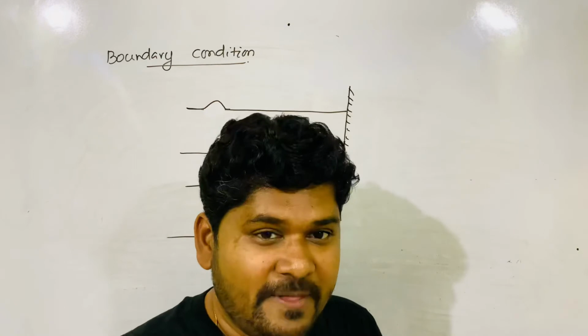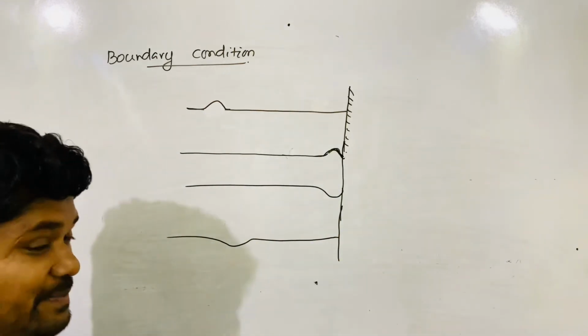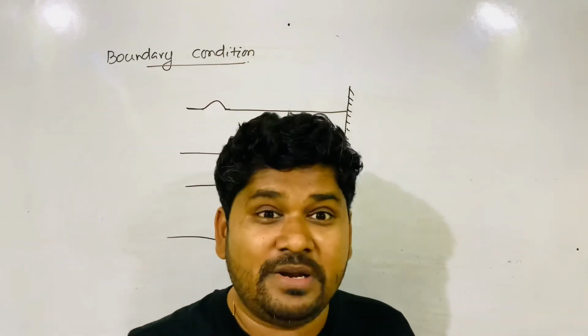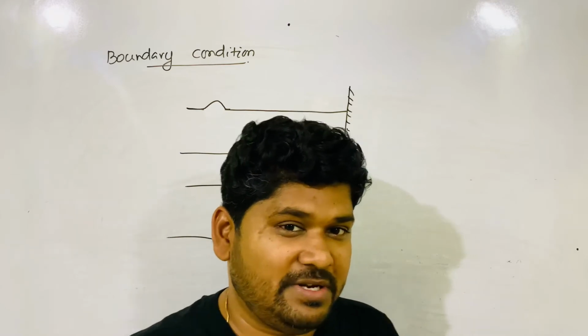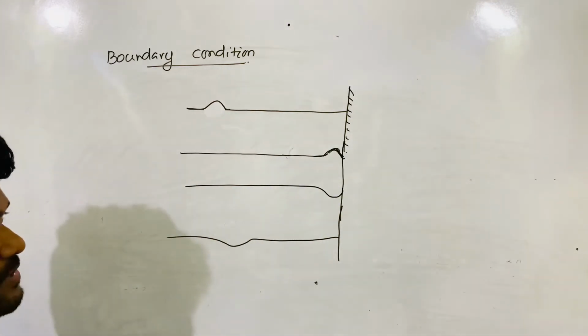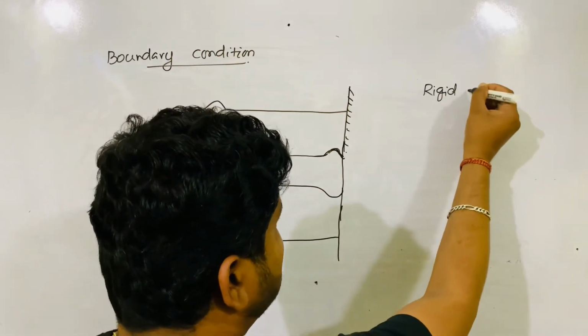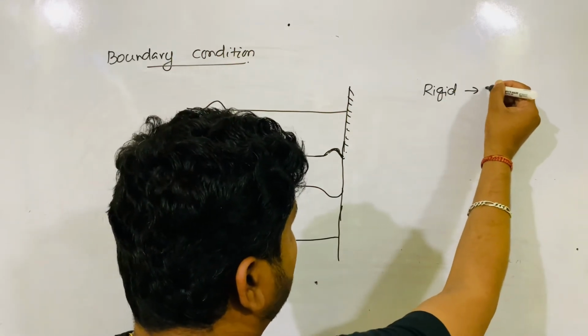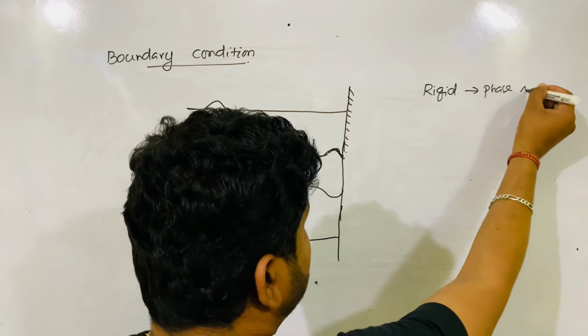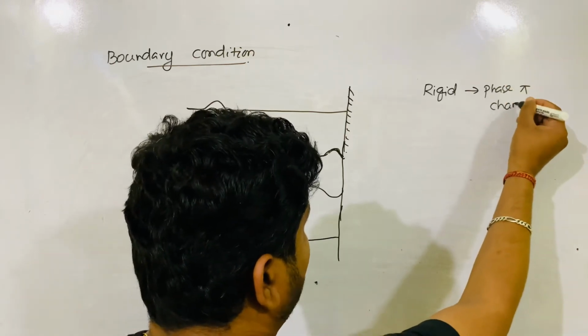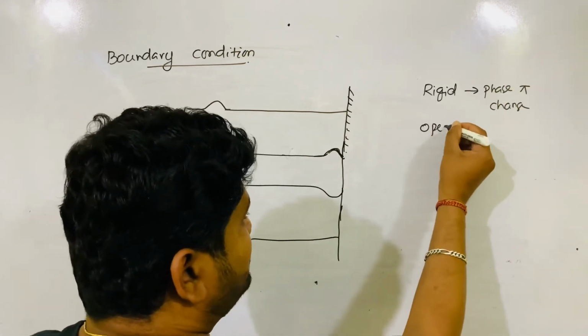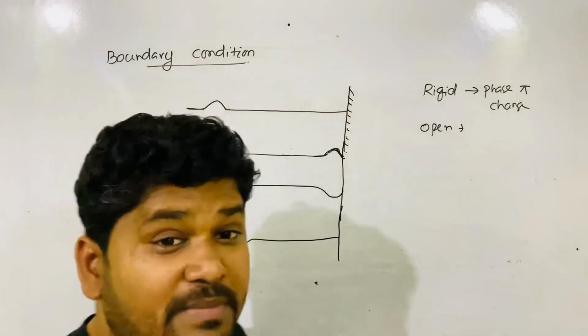Rigid boundary. But what happens when it gets reflected from an open boundary? Now we come to the open boundary. Let me summarize here: rigid boundary, so phase change pi. Then the open boundary, let's see what happens. But what do you mean by open boundary?